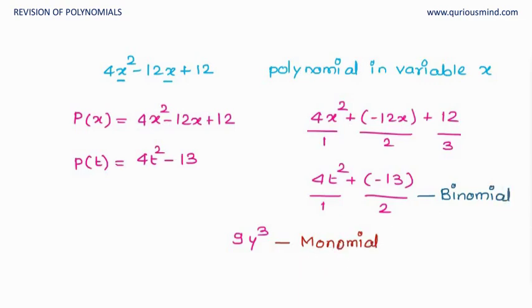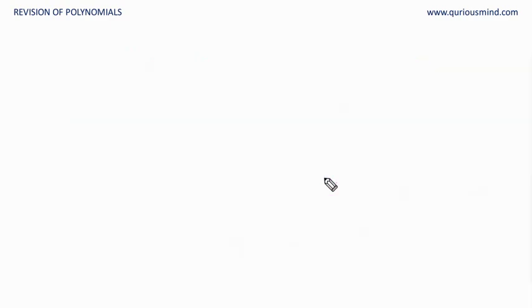And when we have three terms, it is called a trinomial. Tri means three. So these are special names for polynomials having 1, 2 or 3 terms. Generally they are called polynomials. Poly means multiple terms.